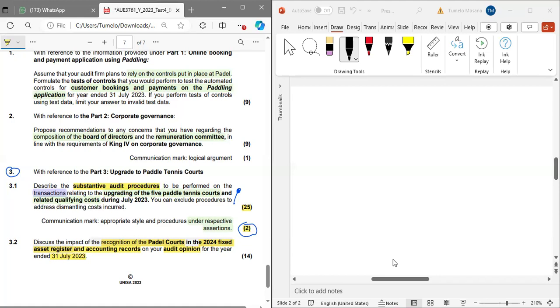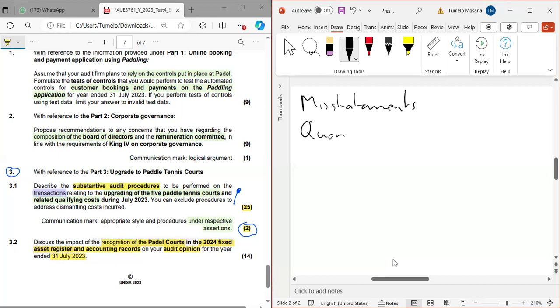So misstatements can be quantitative or qualitative.